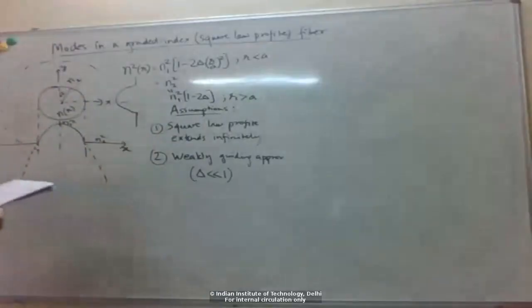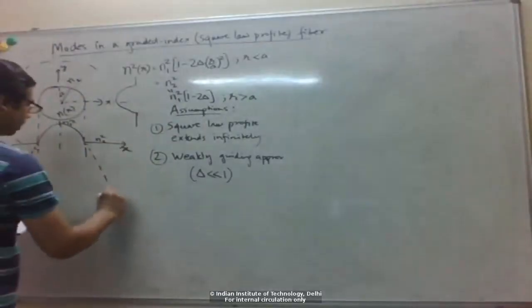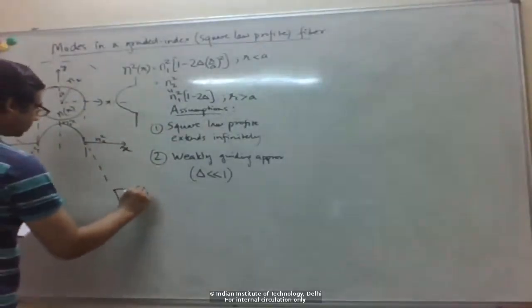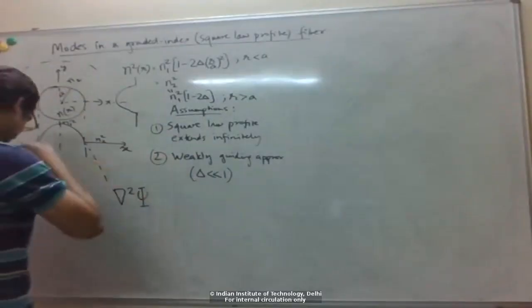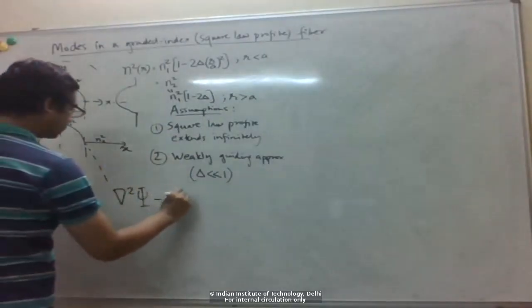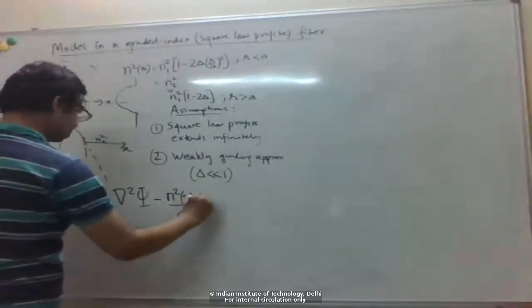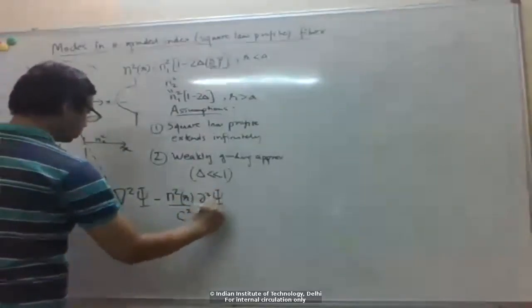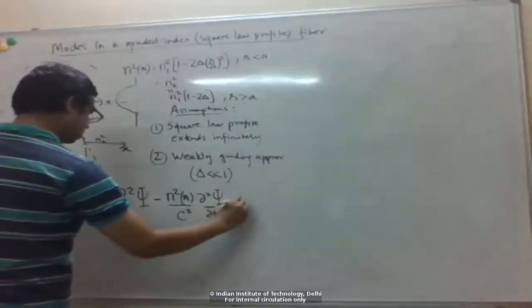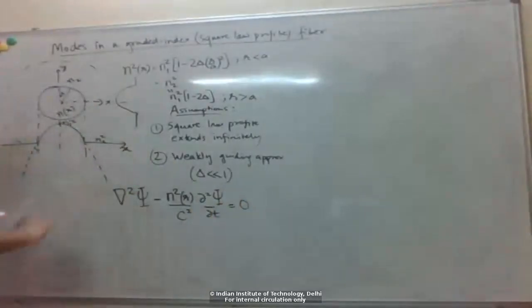So we'll make these two approximations, then basically we can use the scalar wave equation under the weakly guiding approximation, where psi is the mode profile.